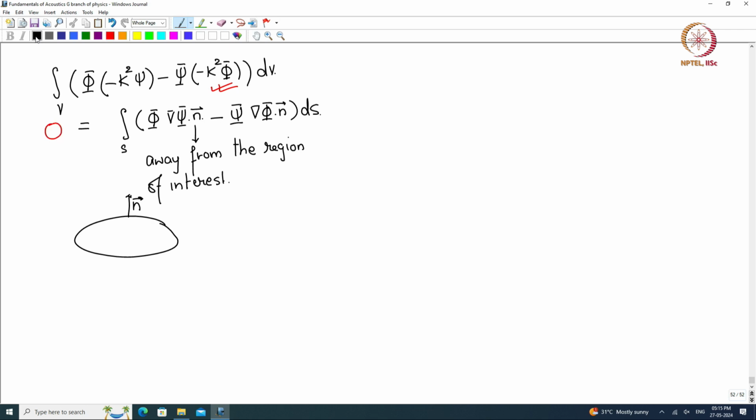So what we have come up with now is, if we have this volume inside which a certain phi and a certain psi are well behaved and are solutions to the wave equation where the sources are outside, then the integral over the surface of phi del psi dot n minus psi del phi dot n is equal to 0.